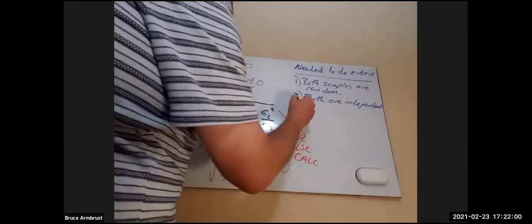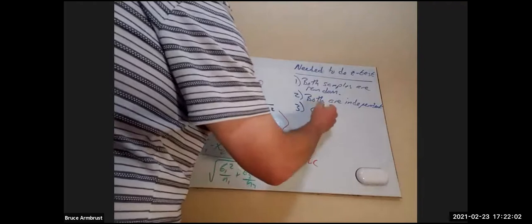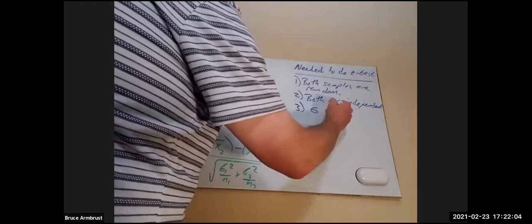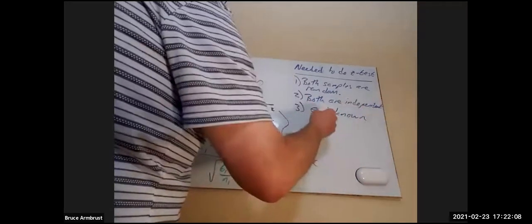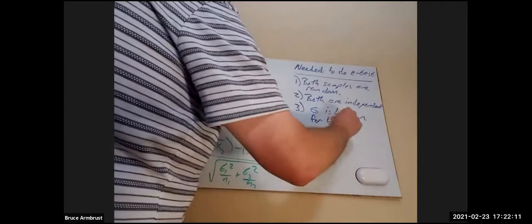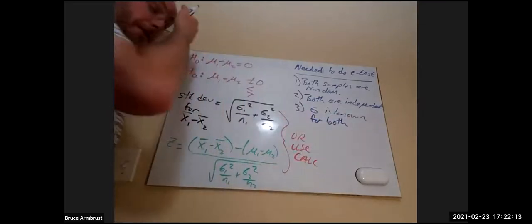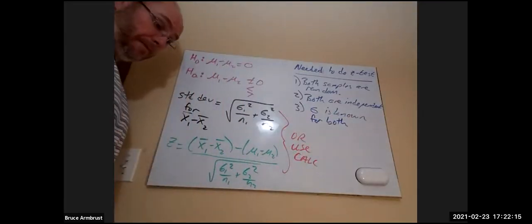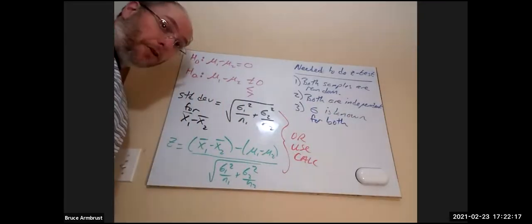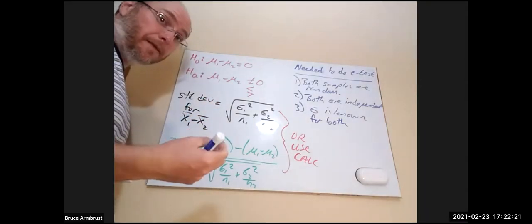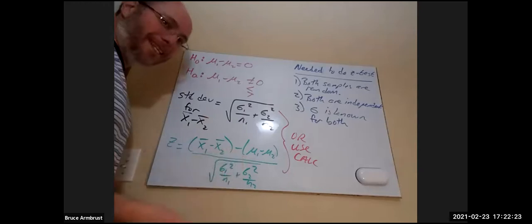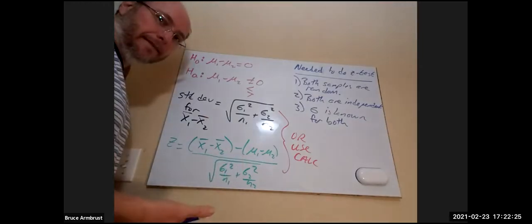But then this is the more important one: you need to know the population standard deviation for both populations. If you don't know it for one of them or both of them, then you have to do the t-test instead of the z-test.